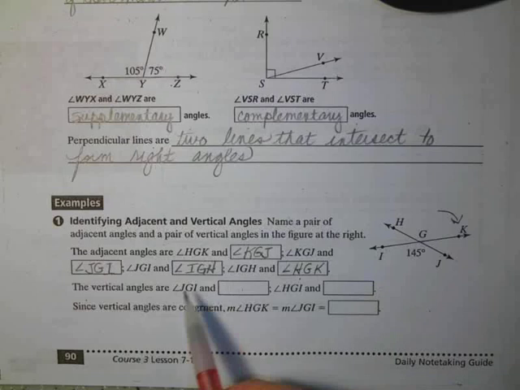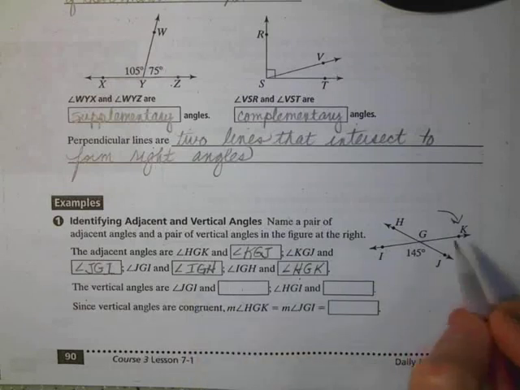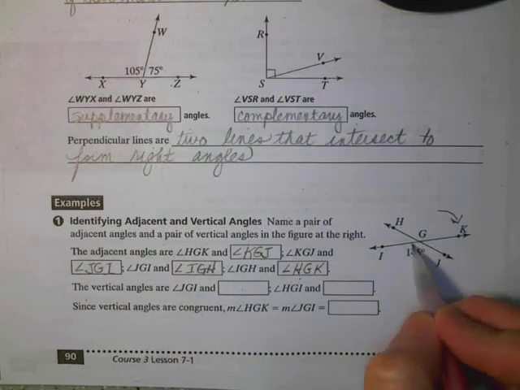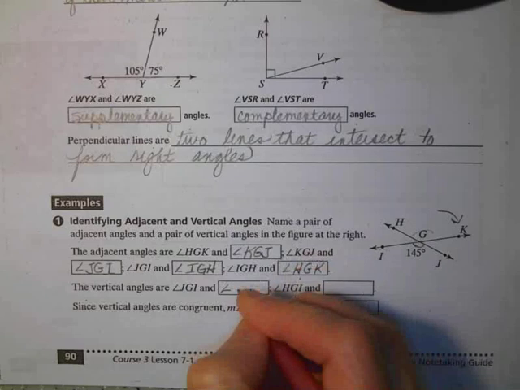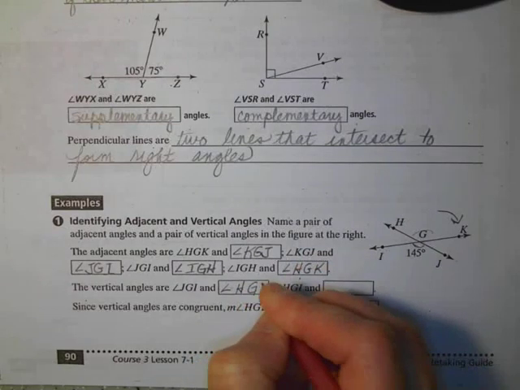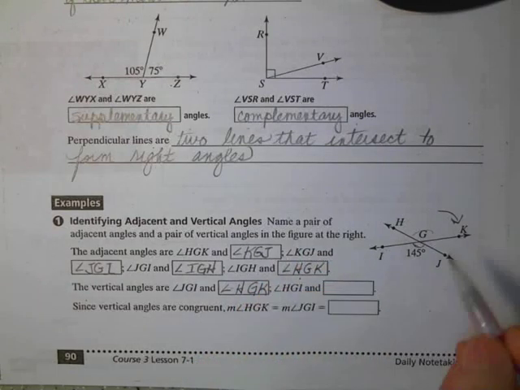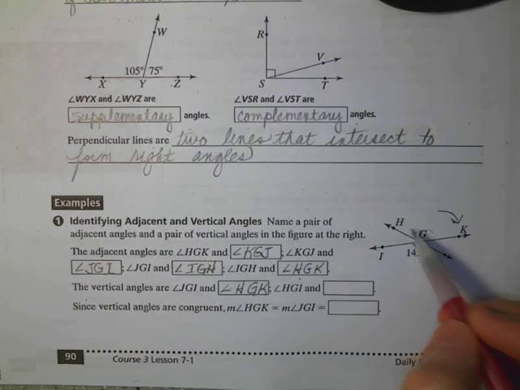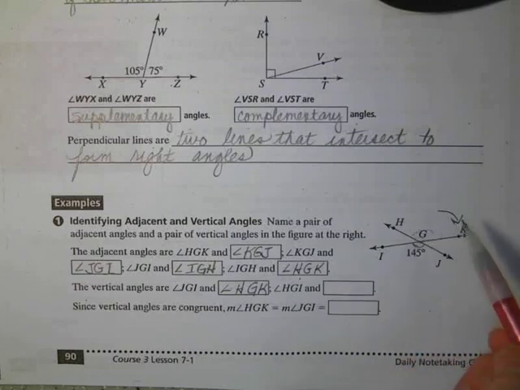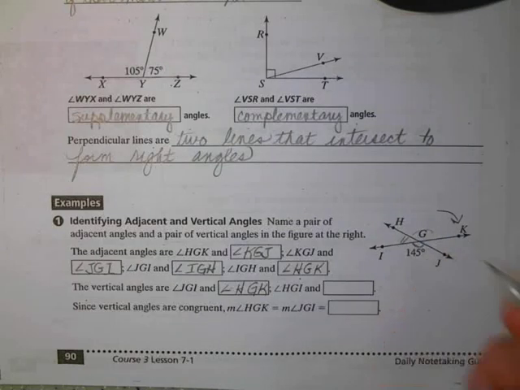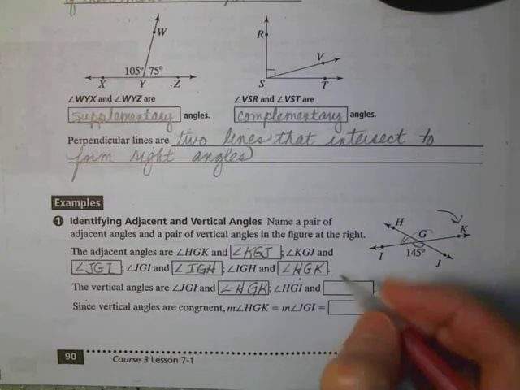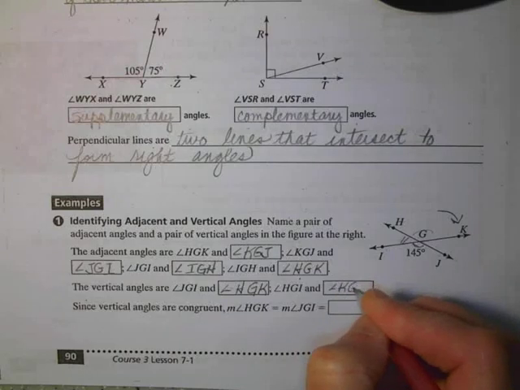The vertical angles are angle JGI, which is right here. Its vertical angle is angle HGK. A second pair would be angle HGI and angle KGJ.